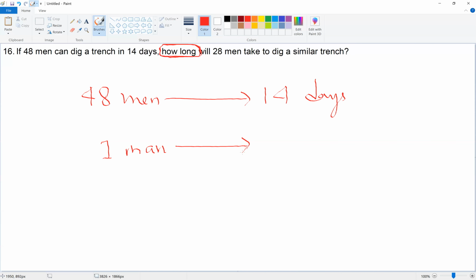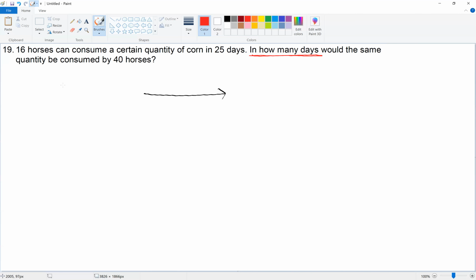So, 25 would be on the right and 16 would be on the left. Okay, next step. So it'd be 25 divided by 16. That'd be the unit rate. Wait. Careful. The unit rate.